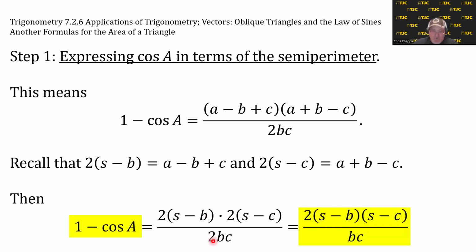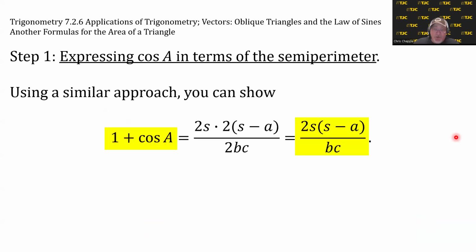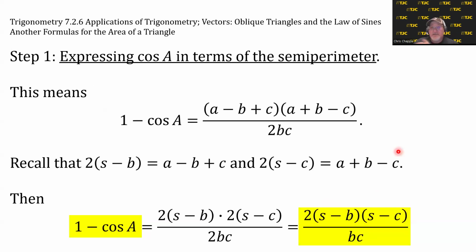One of the 2's on the top cancels the 2 on the bottom, leaving us with 2 times (S minus B)(S minus C) over BC. In a similar approach, you can show that 1 plus cosine of A is equal to 2S(S minus A) over BC. We will use both of these in a moment.